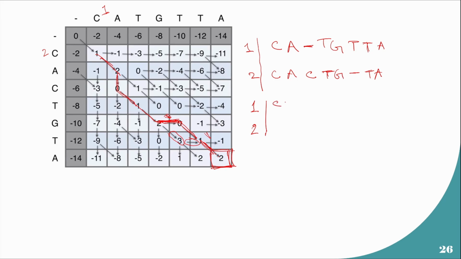Firstly we had CA again match, CA again match, and then at this position we see a gap here, we see the element C here, and then right after that TG and TG. So up till this point, it is similar to what we obtained earlier. However, now we have a new path to follow, right?